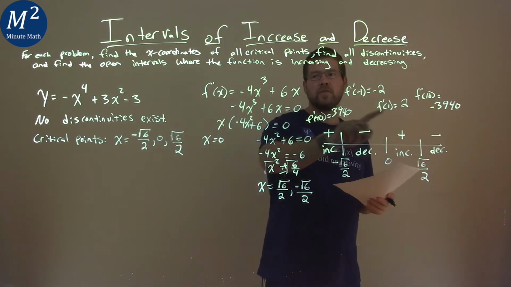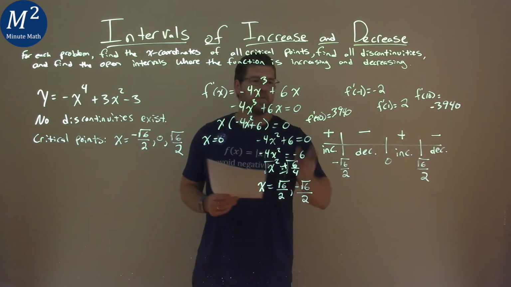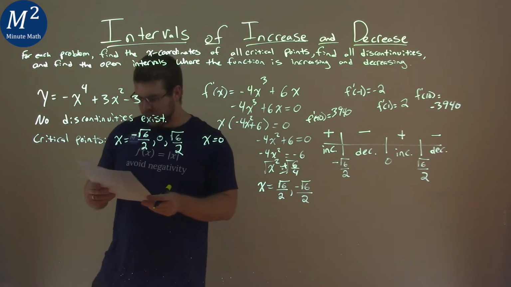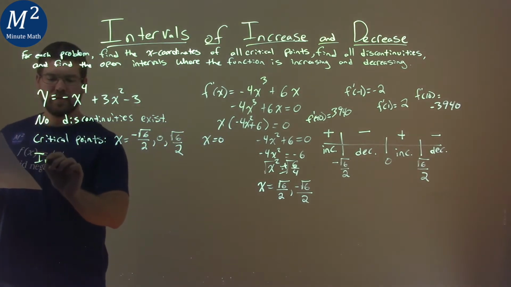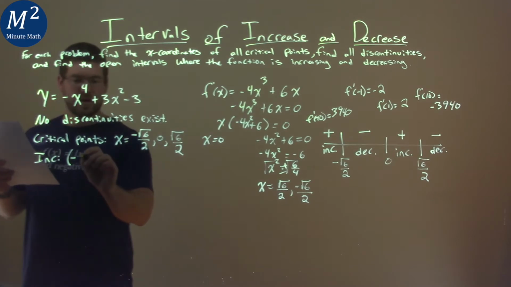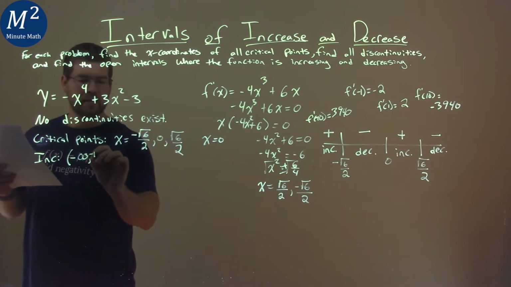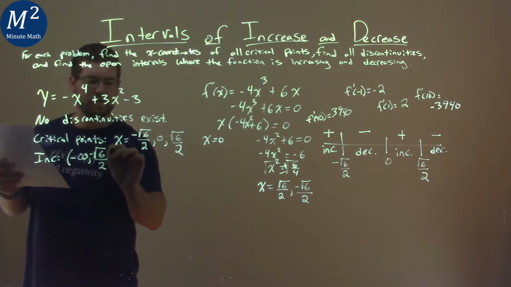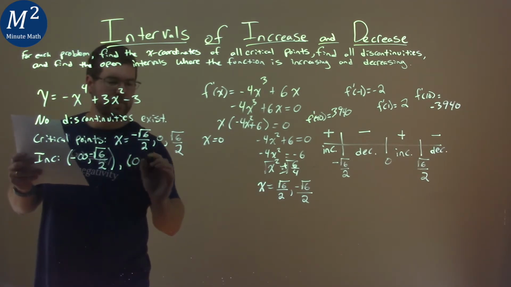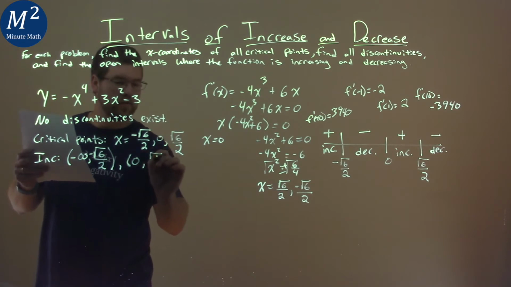Again, all these values are plugged into our derivative. So this chart now tells me where my function is increasing and decreasing. We are increasing on the interval from negative infinity to negative square root of 6 over 2, and from 0 to square root of 6 over 2.